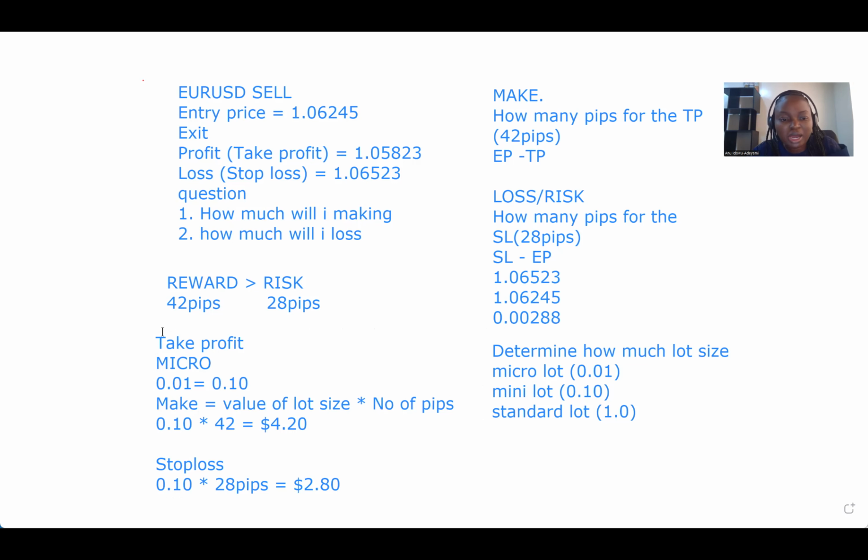So this is how to determine how much. For this trade, if you're losing, you'll be losing $2.80, and if you're making, you'll be making $4.20. This is for the micro lot. Now let's go to the second one, which is the mini lot.